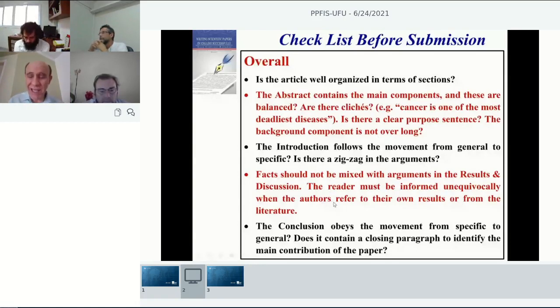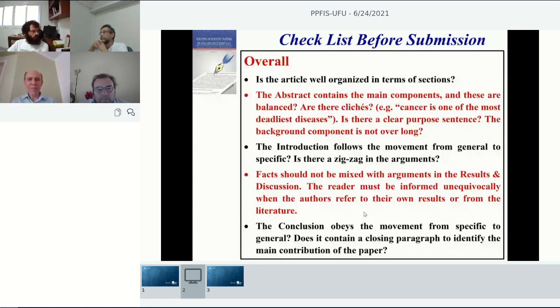Then, when you go to the discussion of results, you have to be aware that in many cases, authors mix facts with arguments, which is terrible because the reader gets lost. The reader can never be in doubt whether, when you are mentioning a result, it is a result obtained in that particular manuscript, or results from the literature, or whether it is a fact, a result that you observed, and then you are interpreting the result.